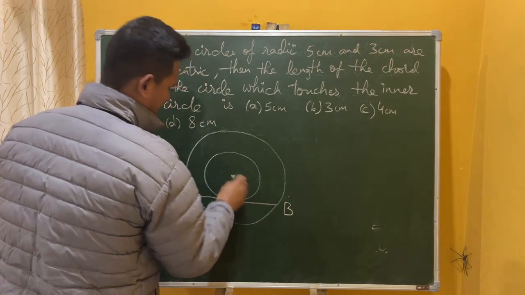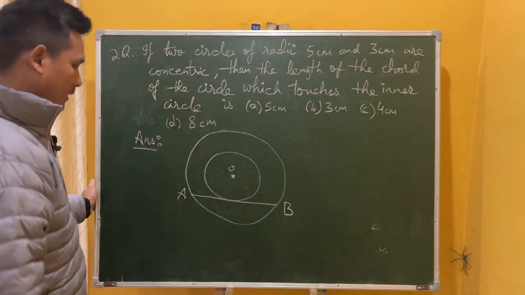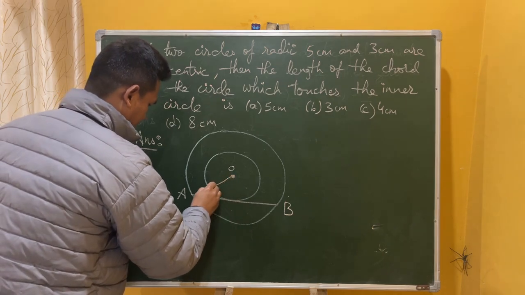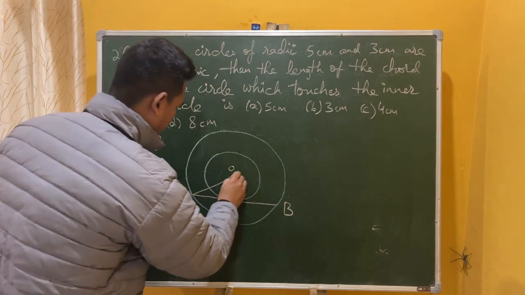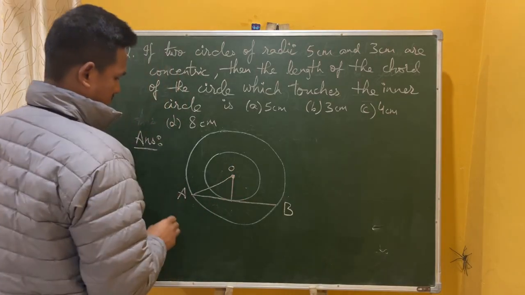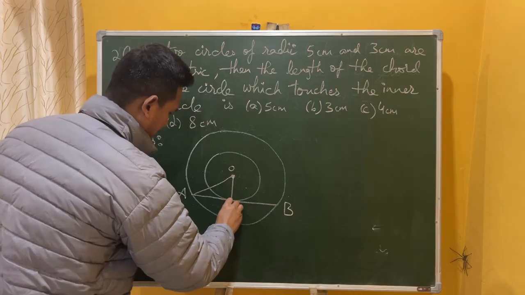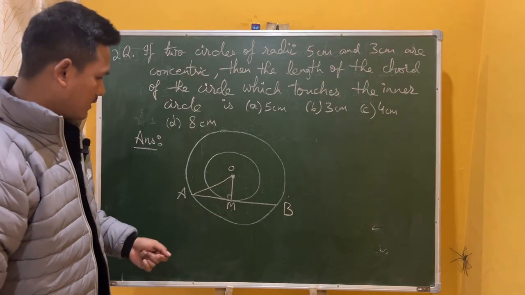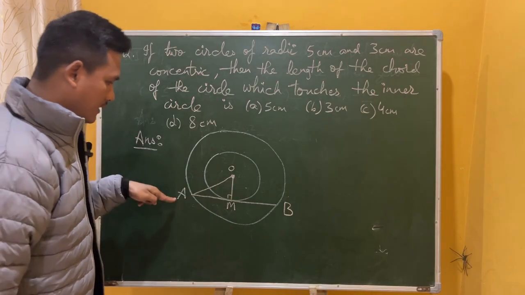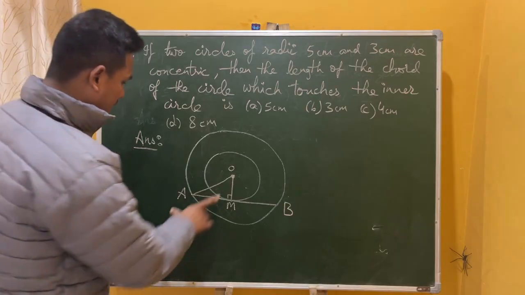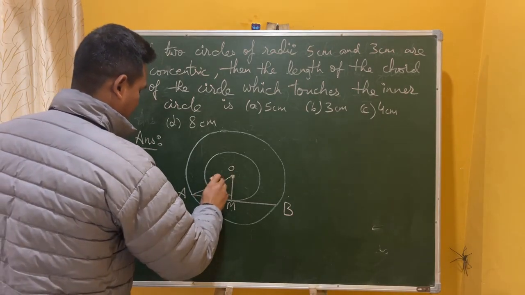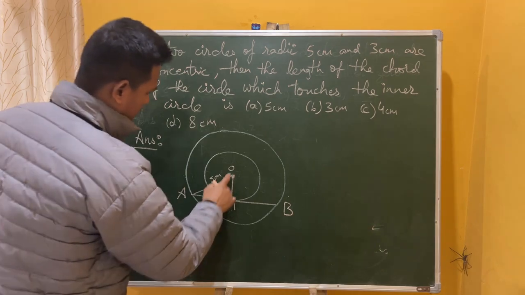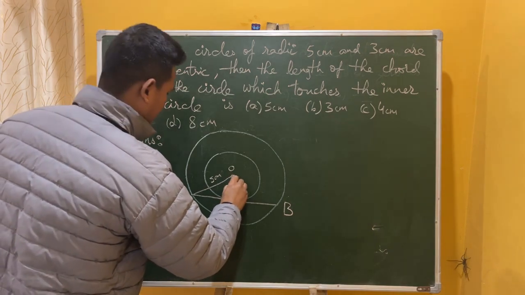This is the common center, let's say O. To find the length of AB, you draw a line OA, and let's say this is the point N. This line is perpendicular. It's a theorem that the radius is perpendicular to the tangent, right? They have said the radius of the bigger circle is 5 centimeter and the radius of the smaller circle is 3 centimeter.